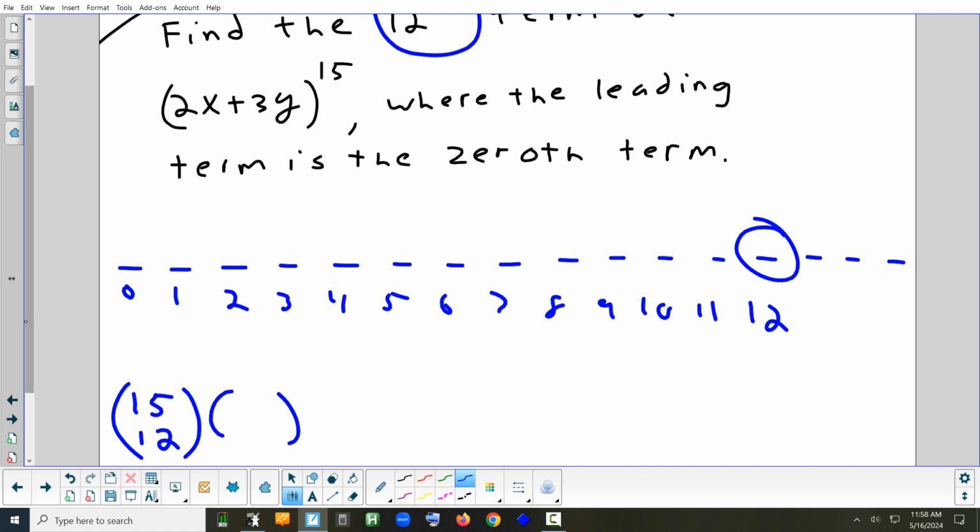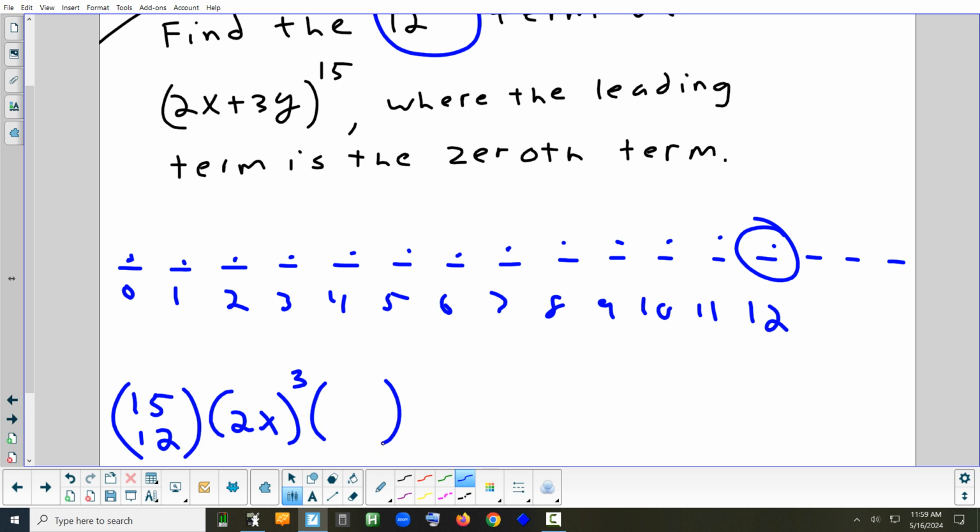Anyone have a thought what goes inside? 2x. Now we just have to figure out the exponent. What would be the exponent on the 2x here? 15? 14, 13, 12, 11, 10, 9, 8, 7, 6, 5, 4, 3. So it's 2x to the third.